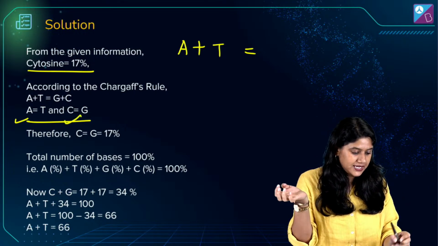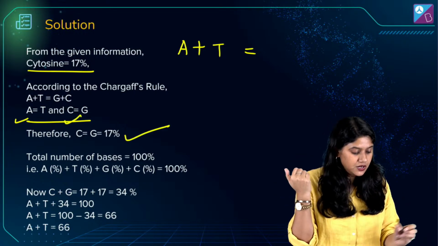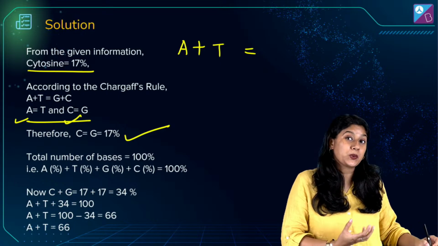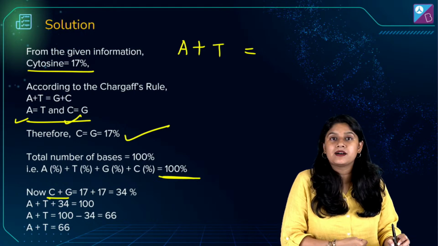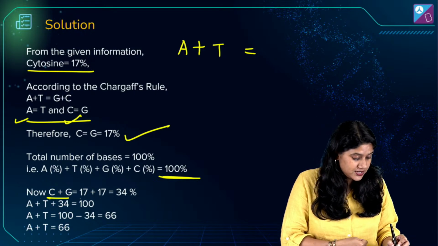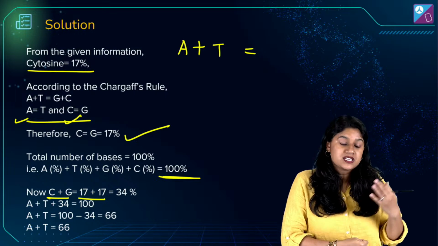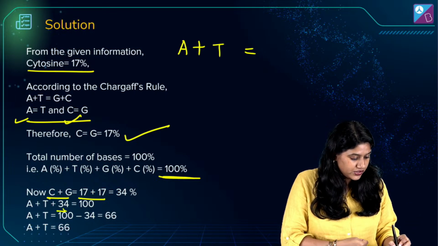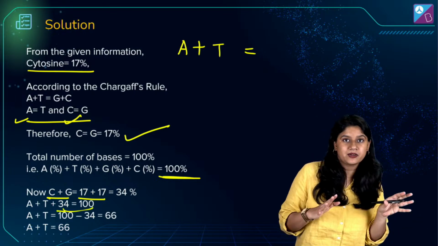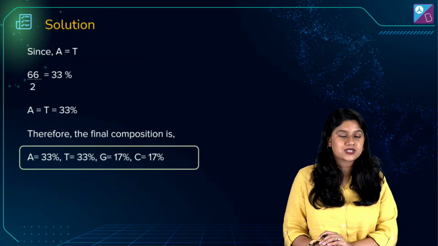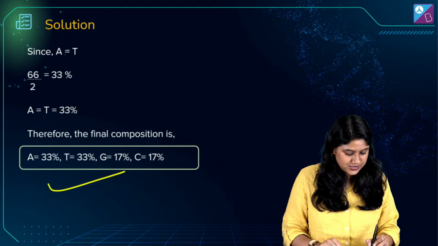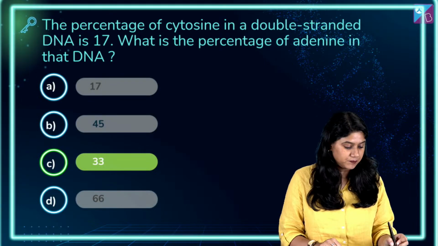So in this particular case, C and G will be 17% each. Then we will do the total, and we should have 100%. So G plus C total is 17 plus 17, that is 34. If we move this 34 over here, 100 minus 34 gives us 66. 66 divided by 2 gives us 33%. So the answer was 33. Option number C was the correct answer.